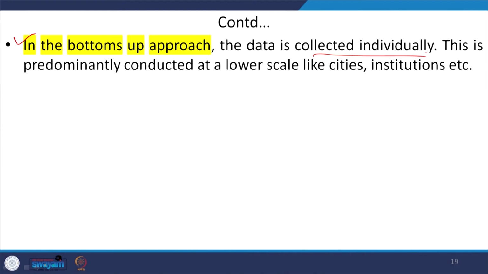So, what is the land required for sustaining the demand of all the residents of Roorkee, or you can talk about the ecological footprint of a particular institution like IIT or all the IITs, so that you can measure. So, here we need to take into account the data that is collected individually.